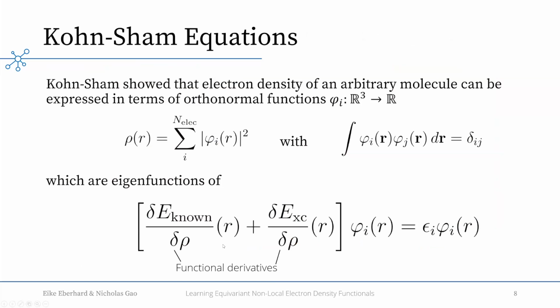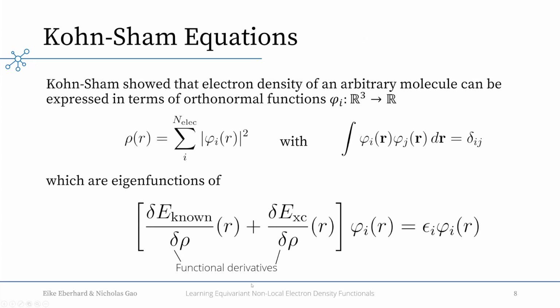Density functional theory came into use and popularity when Kohn and Sham published a paper where they first showed how to express densities. They showed that the electron density of an arbitrary molecule can be expressed in terms of orthonormal functions, with an orthonormality constraint, and the density is obtained by summing them up.